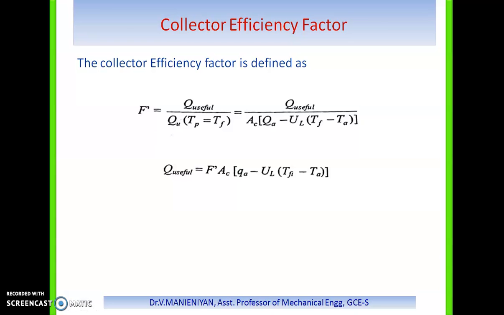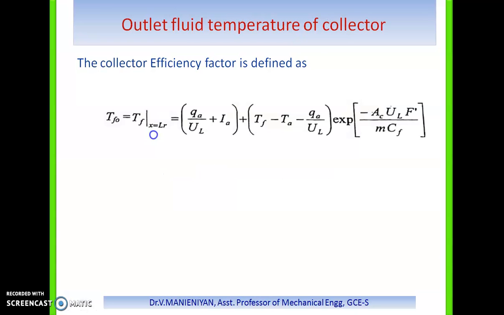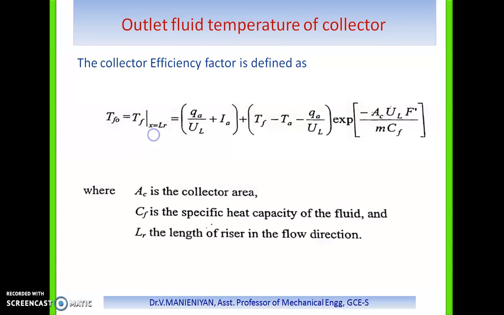Next, the outlet fluid temperature in the collector can be written with this equation. The outlet fluid temperature at a particular position x to L in the flat plate collector is obtained from this, where Ac is the collector area, Cf is the specific heat capacity of the fluid, and L is the length along the flow direction.